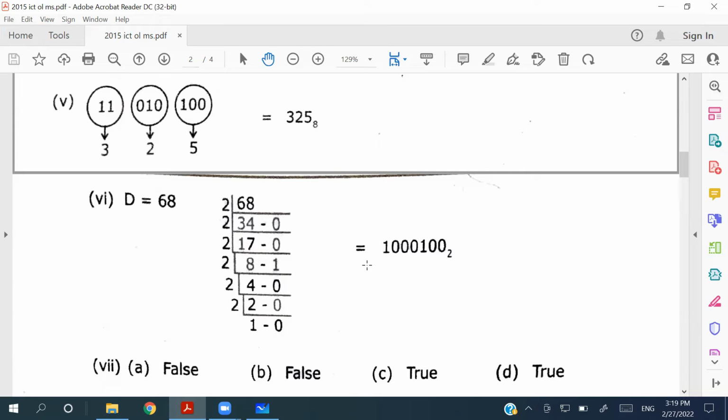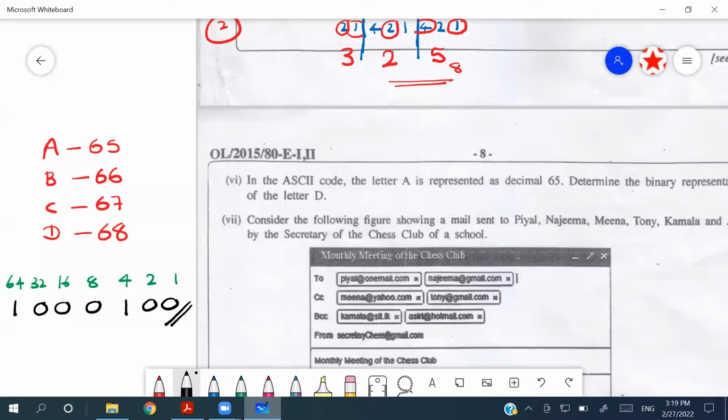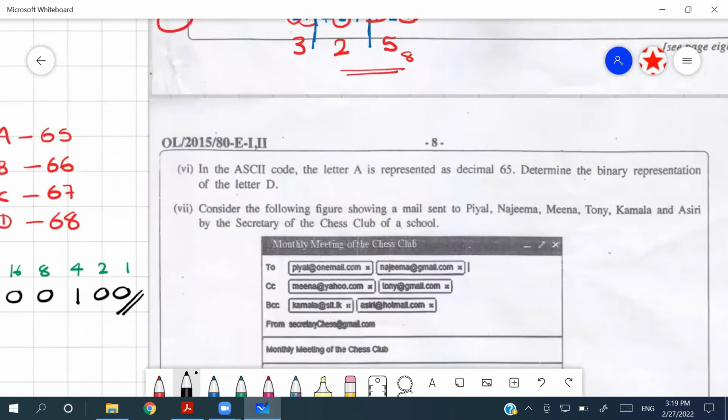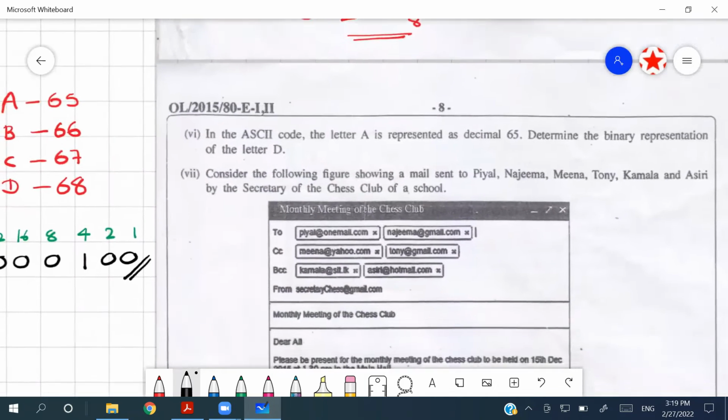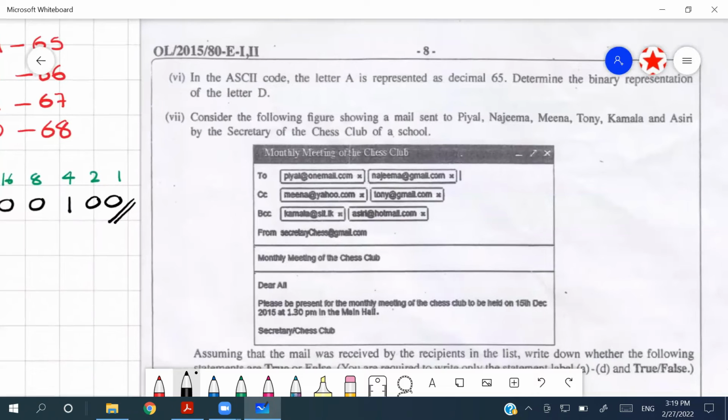Right, so the next one is about true or false. Consider the following figure showing a mail sent to Priyal, Najima, Meena, Tony, Kamala, and Asiri by the secretary of the chess club of the school.